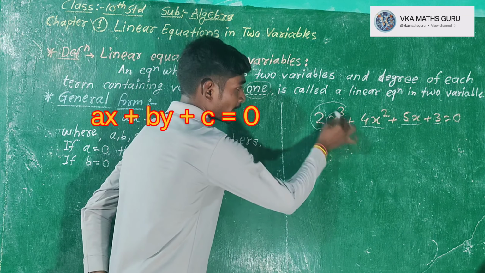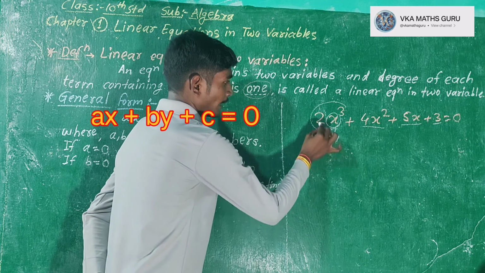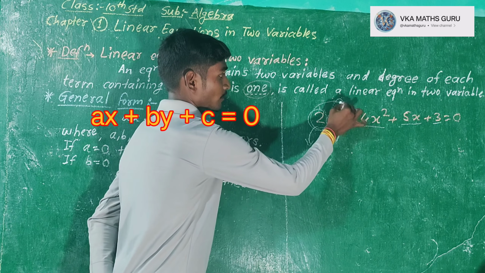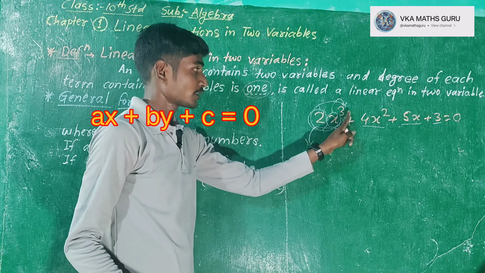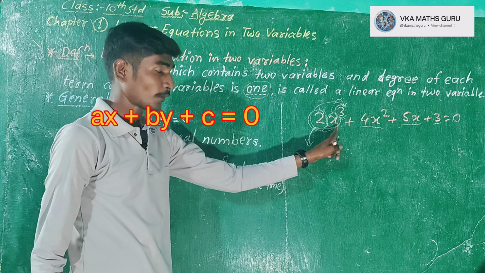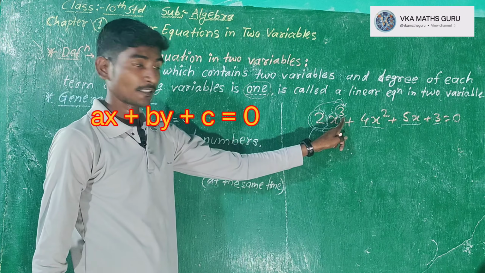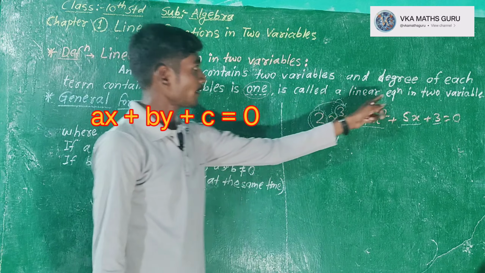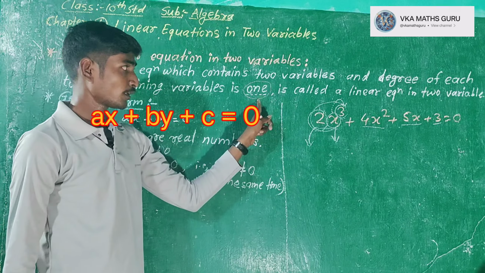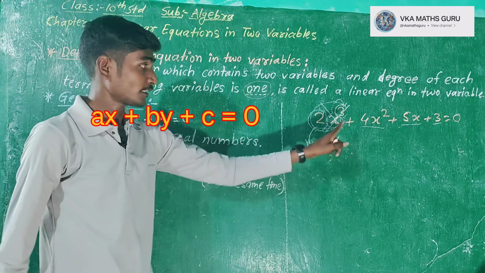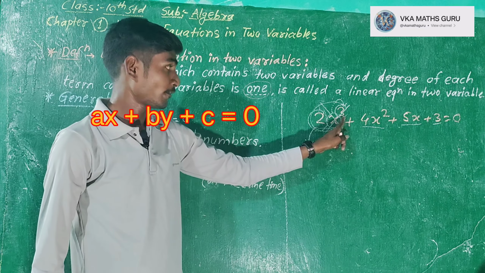Here x is a variable, 2 is a coefficient, and the power is 3. So 3 is called the degree of this variable x. But in a linear equation we want the degree to be 1. Here the degree is 3, so in a linear equation x cube is not available.